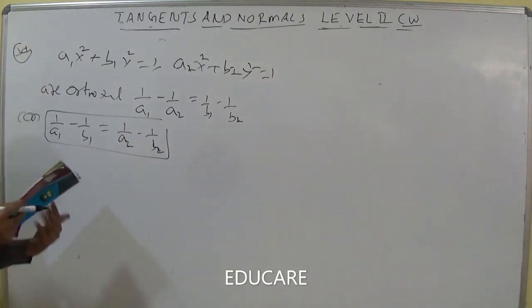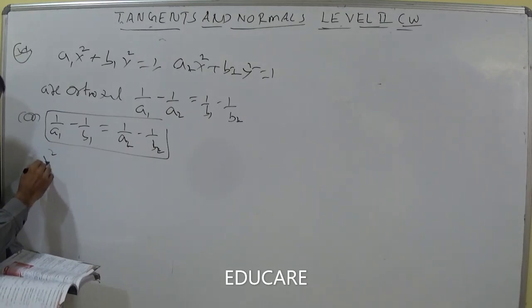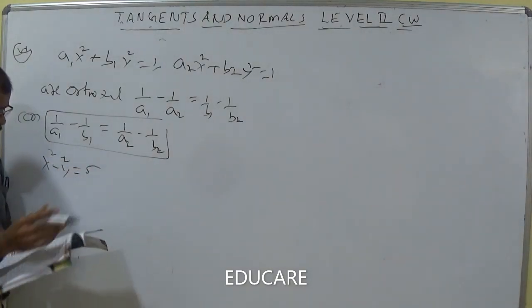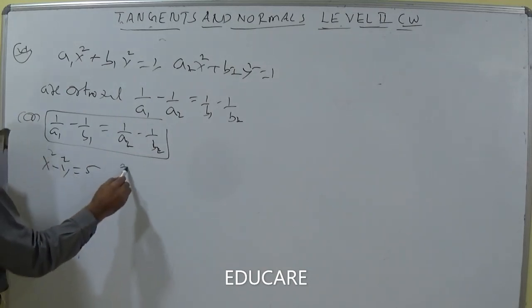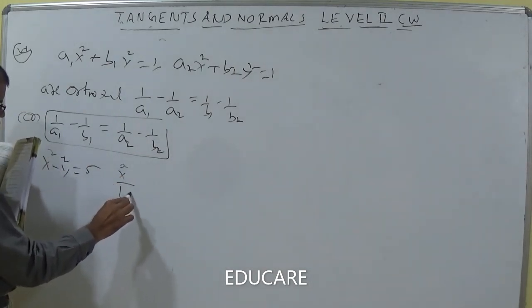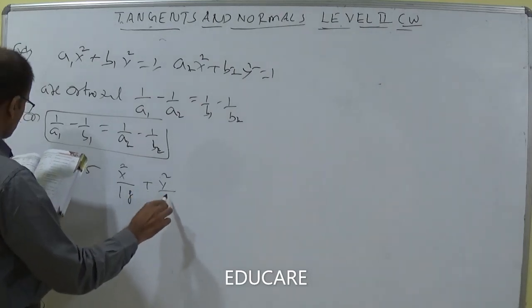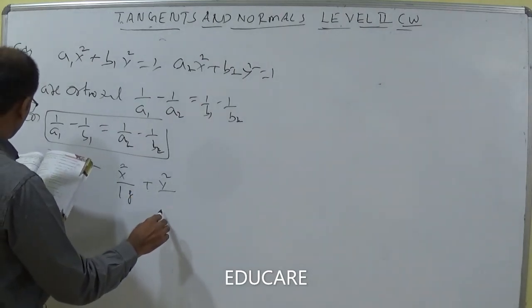Using this formula, for question 34 you write x square minus y square by 5 equal to 1, and x square by 18 plus y square by 18 equal to 1.